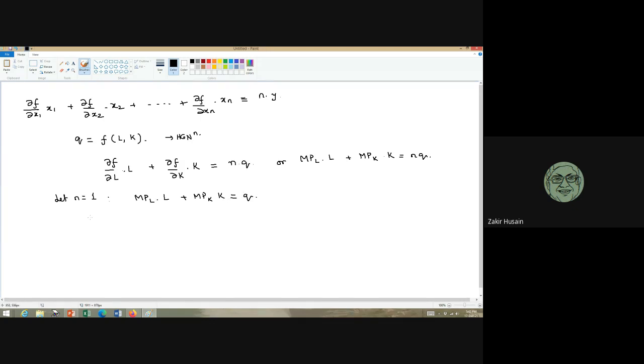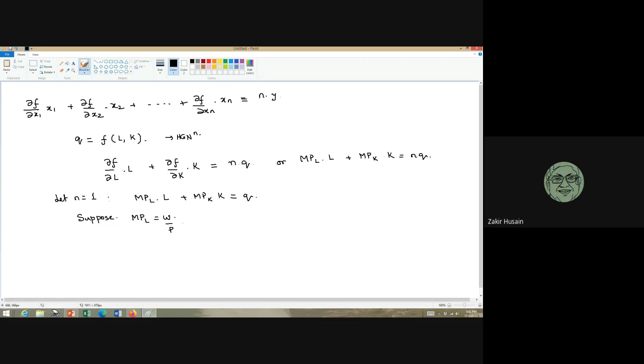Now later on, when, I don't know whether SM has already taught it or not, you will see that this is the equilibrium. The producer has to decide how much labor and capital to use.